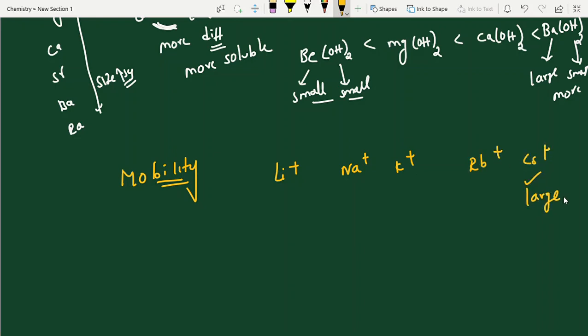Larger cation means a heavy person. Generally, in normal condition, mobility is less for the larger one. Then this guy has fast mobility.